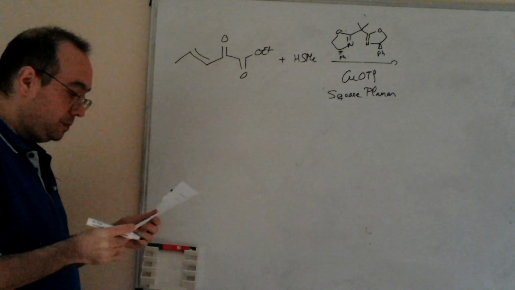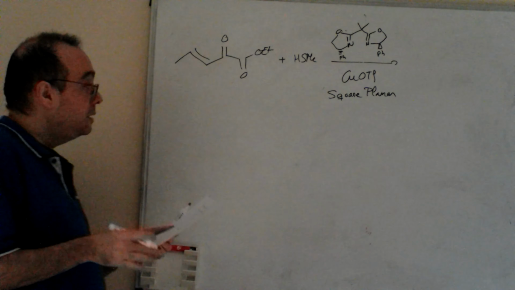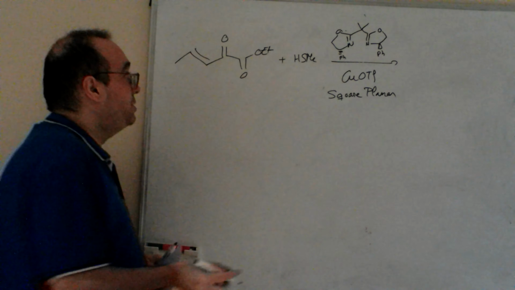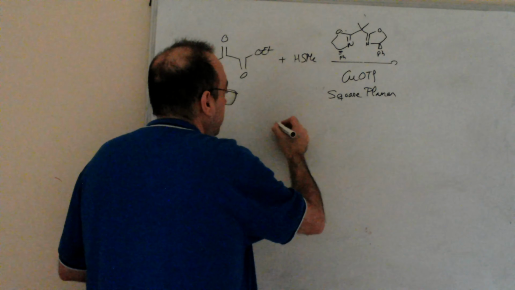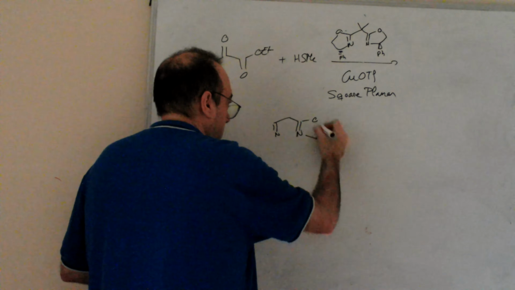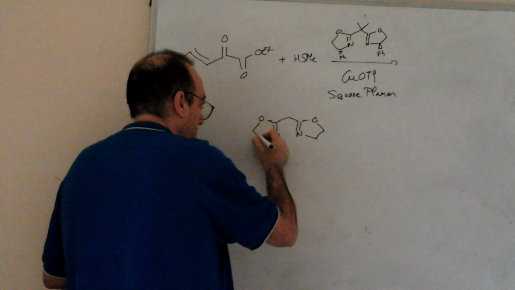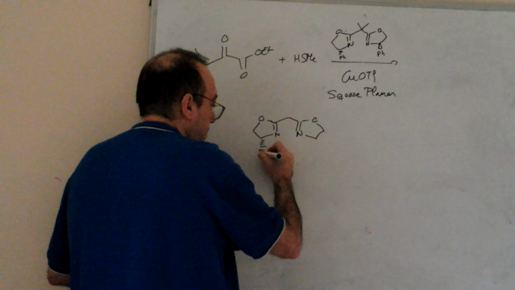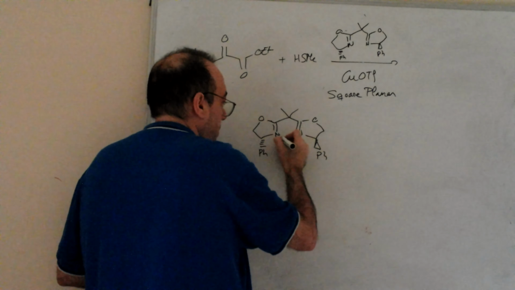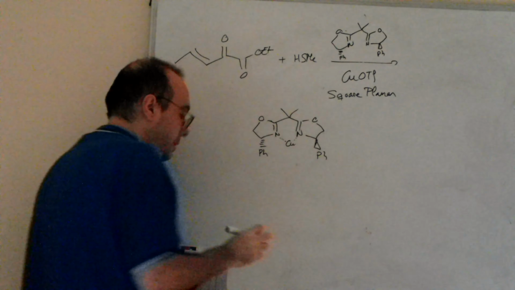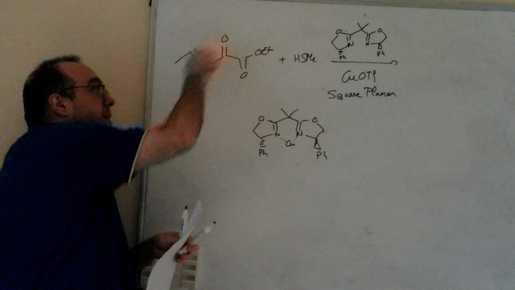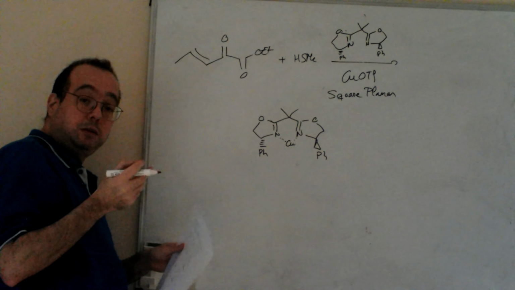What we need to do first is build the transition state. Remember, we coordinate the copper, and then we need to coordinate the starting material by 2 positions.